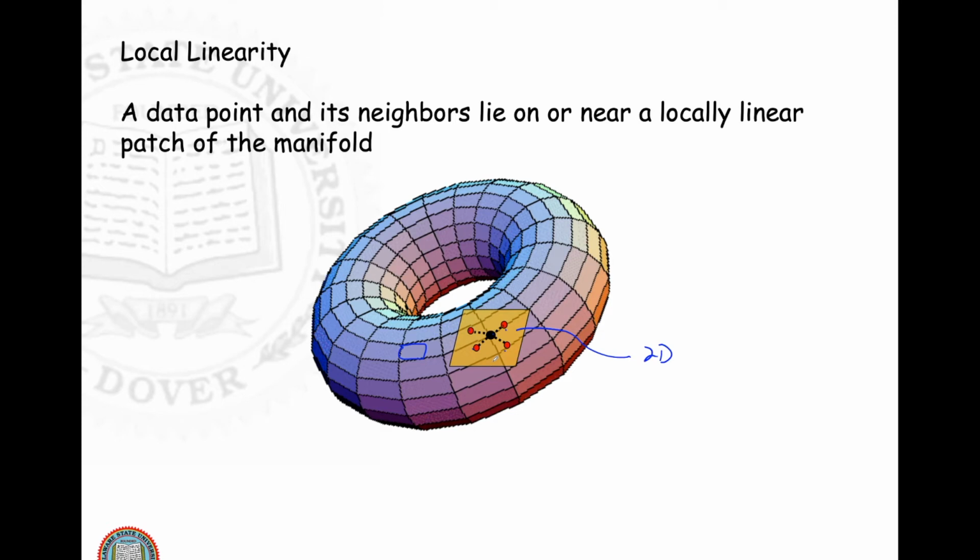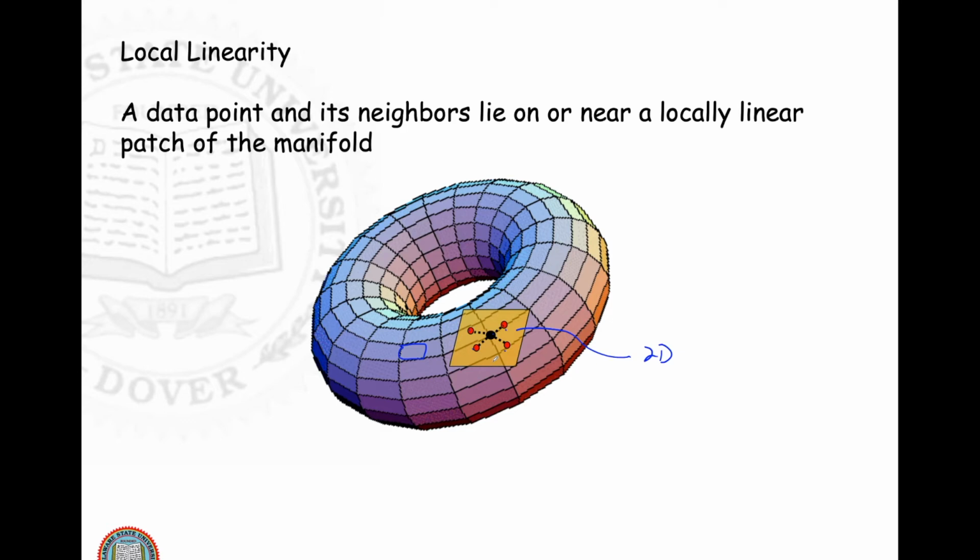So in essence, LLE bears some similarity to multidimensional scaling. Multidimensional scaling strove to project the data down to a lower dimensional representation so that you respected the relative relationship between the data points. And for MDS, it was the dissimilarity matrix between all the data points. Now, LLE also bears some resemblance to Isomap in that you want to have some kind of representation of the geodesic distance between points.